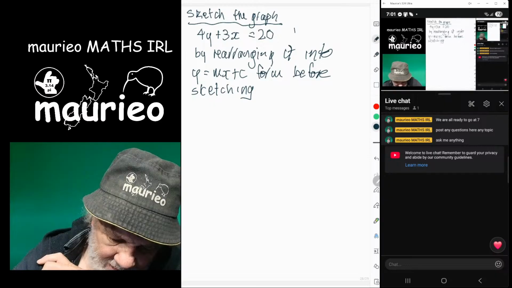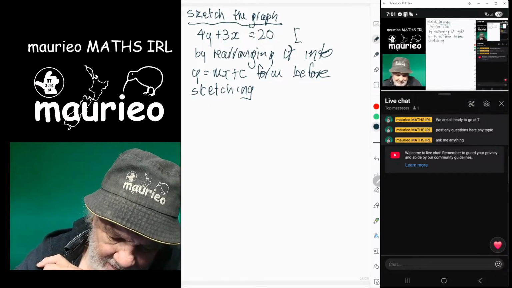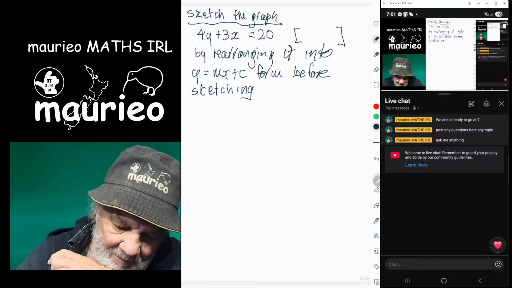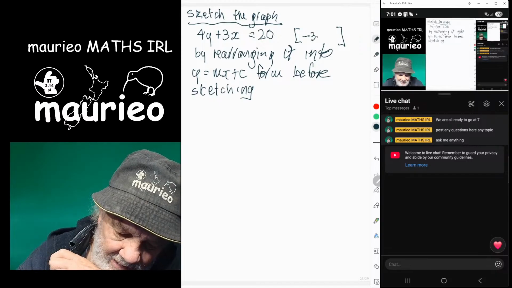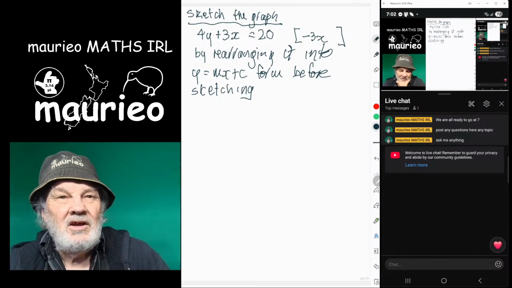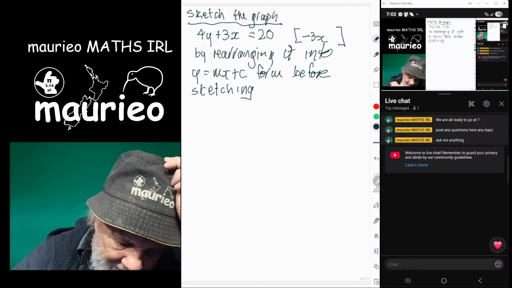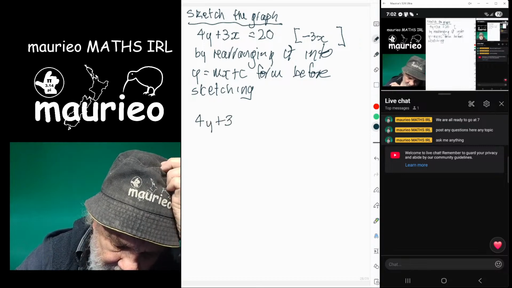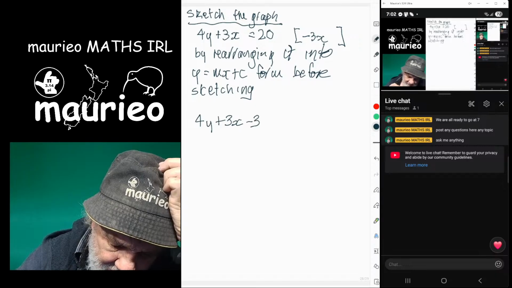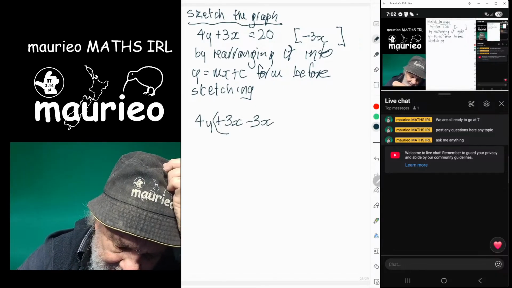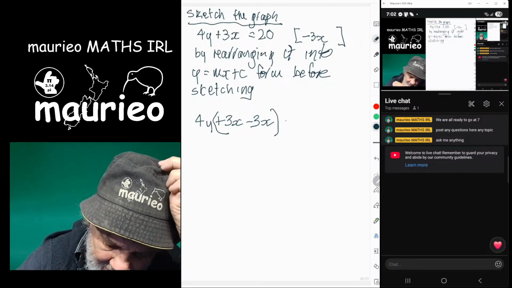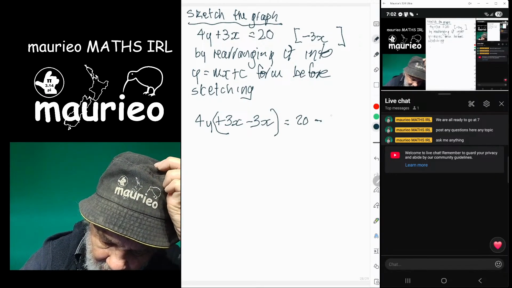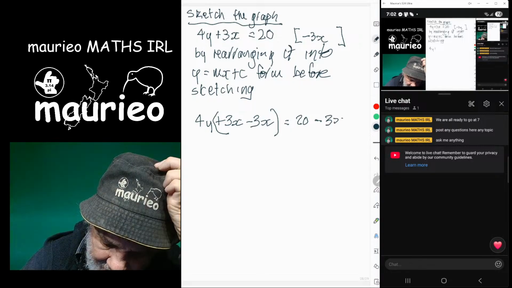The first thing I would do is try and get the y's on one side and the x's on the other. So I'm going to subtract 3x from both sides. That gives me 4y plus 3x minus 3x, and you can see how that eliminates the x's from that side, equals 20 minus 3x.